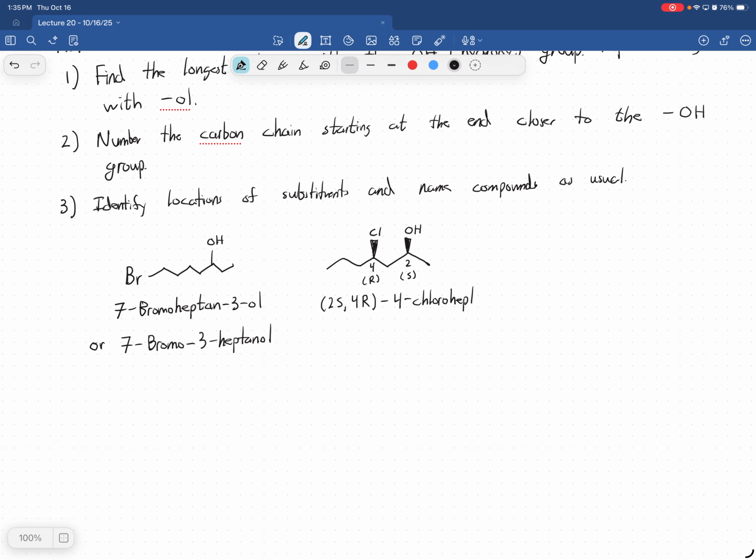So, (2S,4R)-4-chloroheptan-2-ol. And yes, if it's at the 1 position, you still have to specify that too. Then the other way: (2S,4R)-4-chloro-2-heptanol.